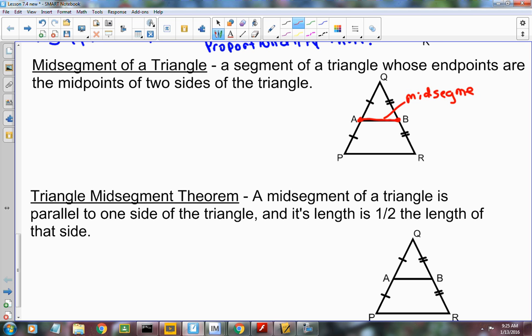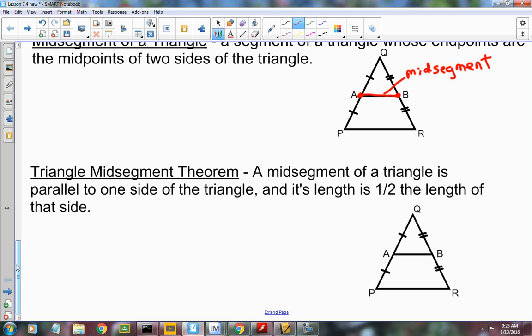The same was true with the midsegment of a trapezoid. It connected the midpoints of the legs of the trapezoid. Well, this connects the midpoints of two sides of the triangle. So we have the triangle midsegment theorem. It says a midsegment of a triangle is parallel to one side of the triangle, and its length is half the length of that side.